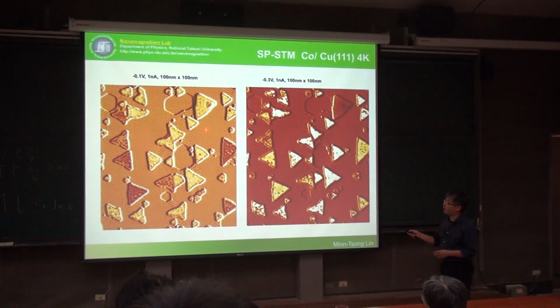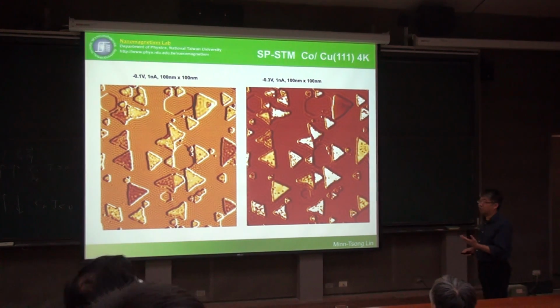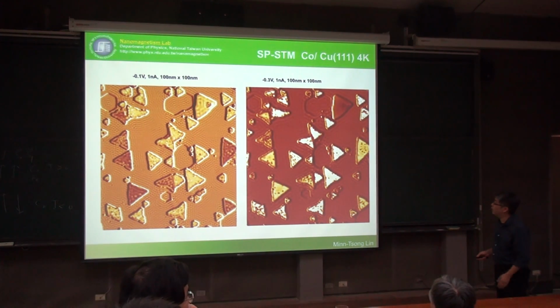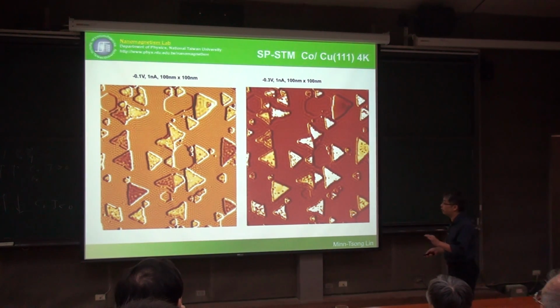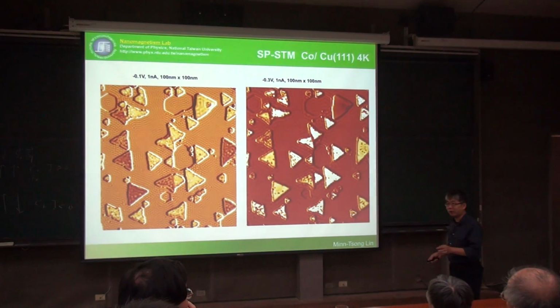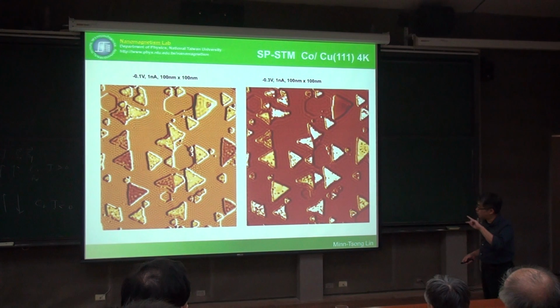You also change the bias voltage, so you probe the electrons at a different binding energy. Then the contrast also changes because you probe a different spin polarization at a different binding energy. Sometimes by changing the binding energy, you can even reverse the spin polarization.